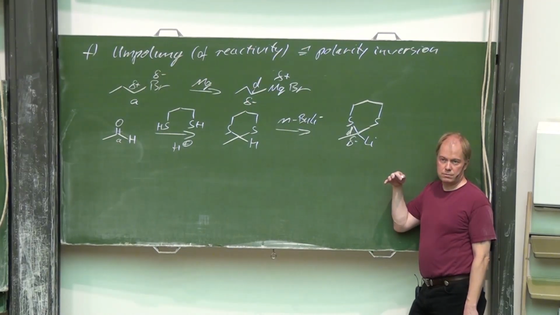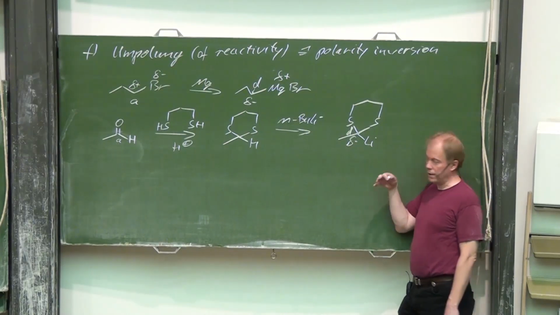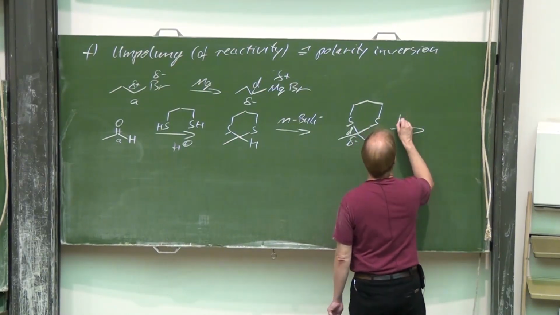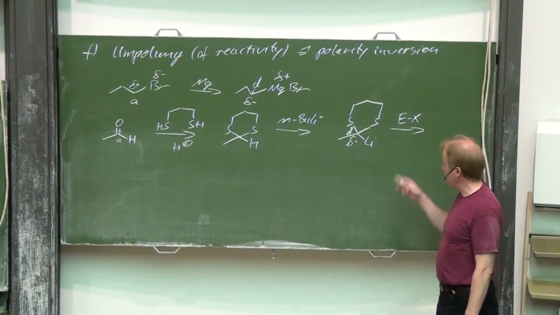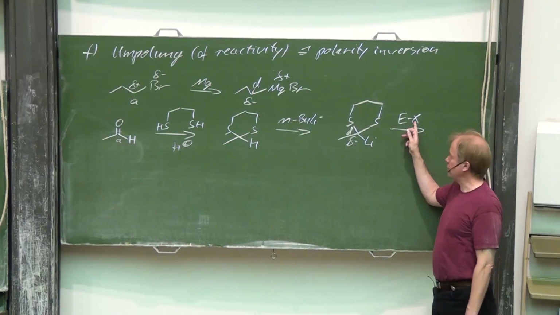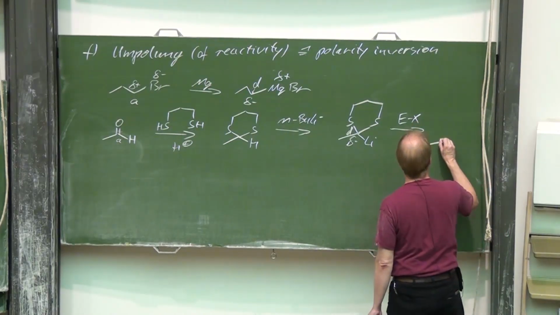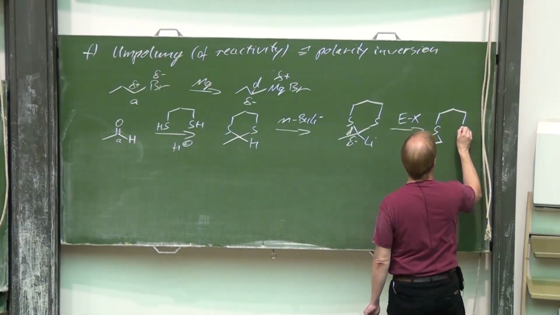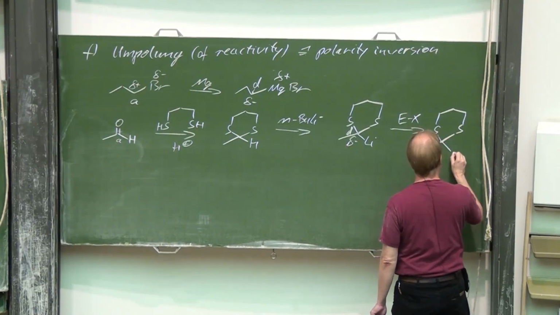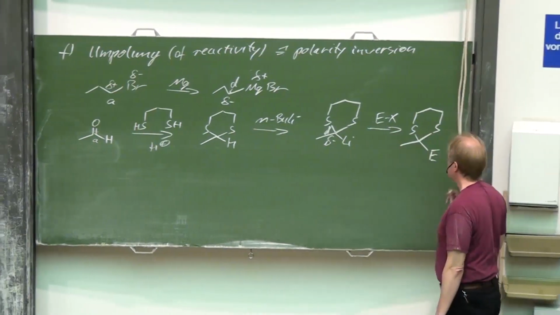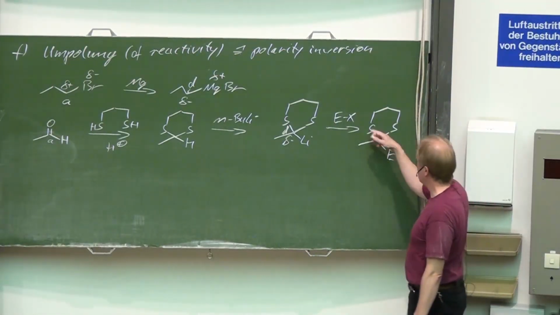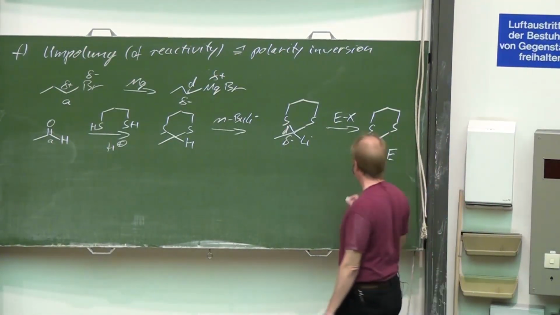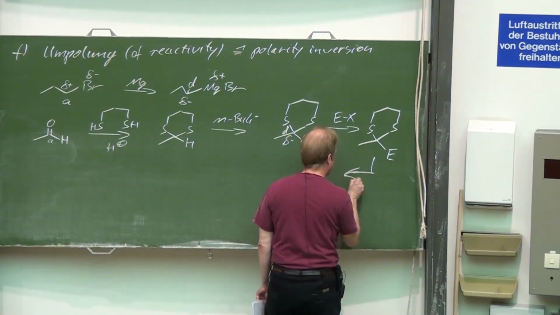Of course, after it has reacted as a nucleophile, for instance, with this electrophile and X as a leaving group, then we have to get rid of this protecting group.